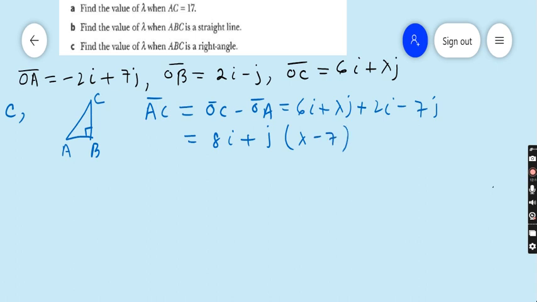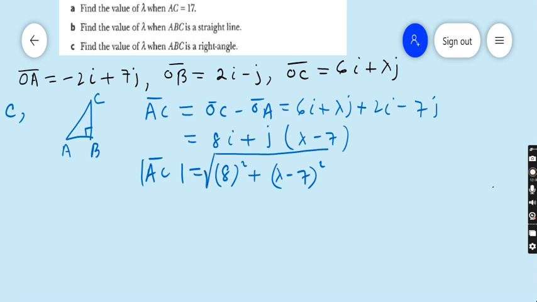So this is the vector AC. Now find the magnitude of this vector. AC is equal to the square root of 8 square plus lambda minus 7 square.